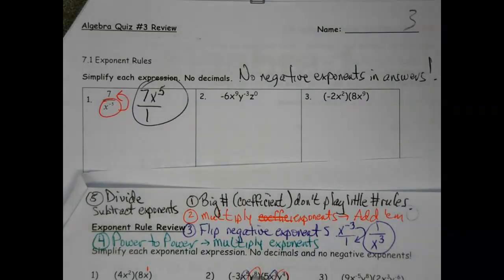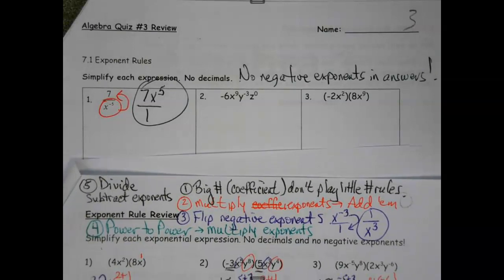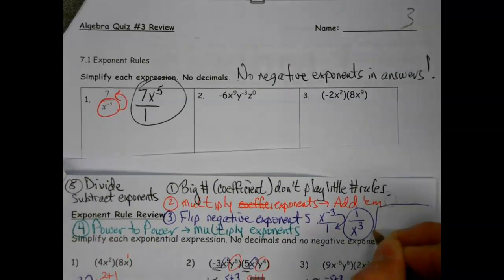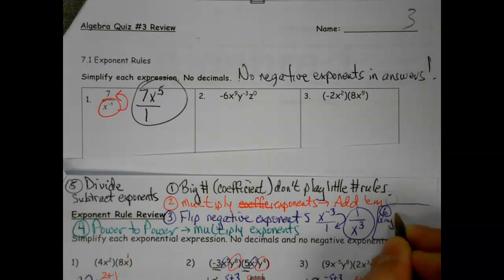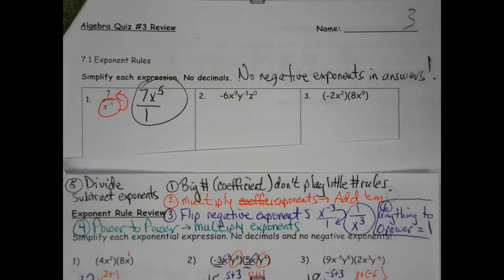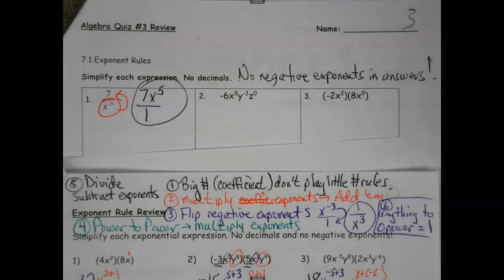There was one piece I didn't put on here, but we're going to squeeze it on now. Anything to the 0 power equals 1. So if it's x to the 0, that equals 1.